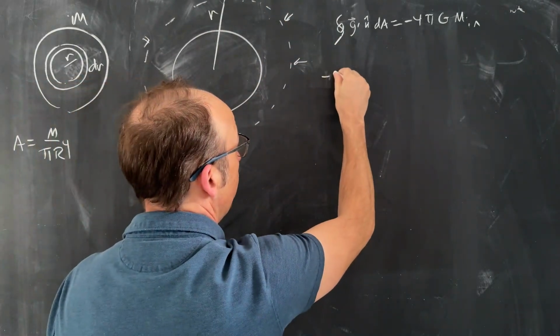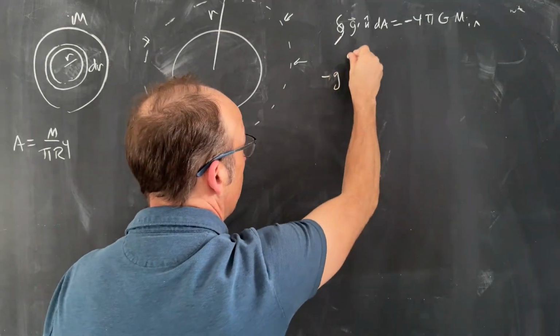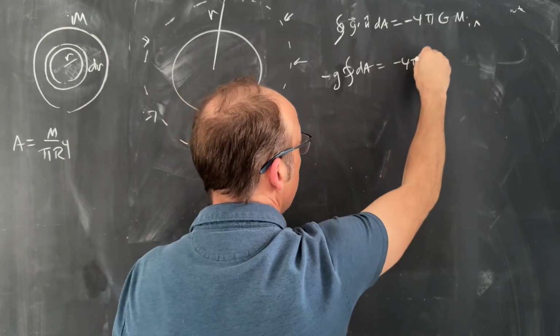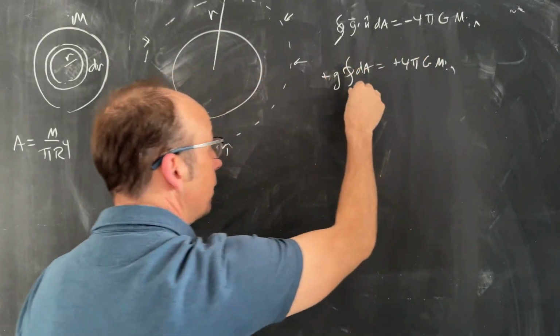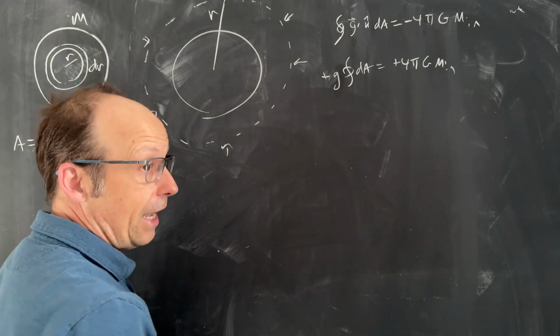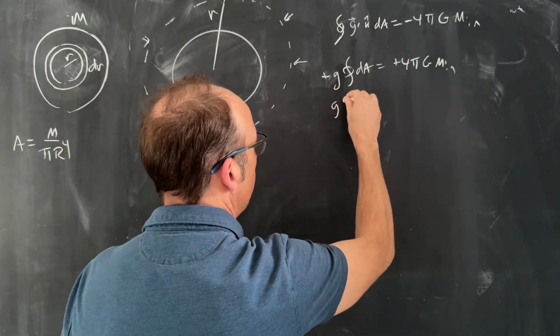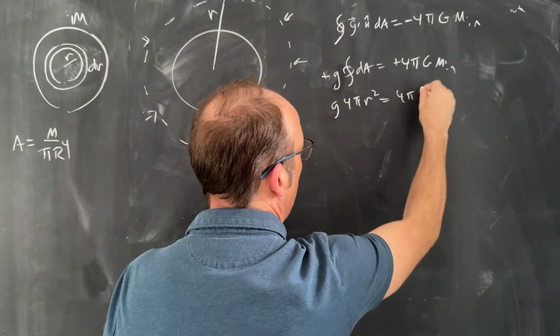So I get negative g, the magnitude of that, times the integral over dA. The integral of dA is just the surface area of that sphere, which we know. So it's going to be g times 4 pi r squared, 4 pi G.